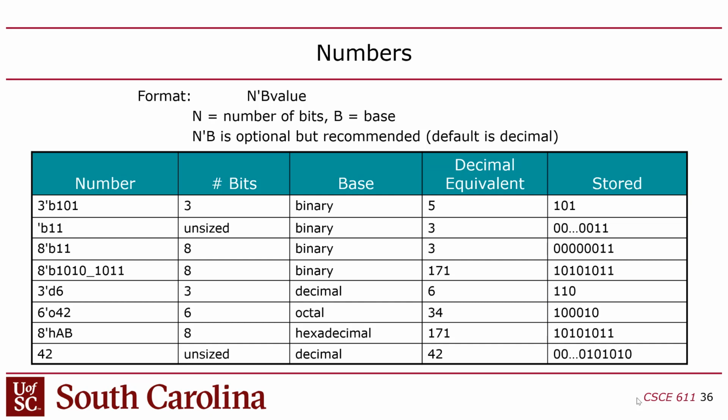If you just put a constant in, like 42, and you don't specify the width or the base, the default base is decimal. So this would be interpreted as a decimal 42. And the default, they say unsized, but I believe Modelsim defaults to 32 bits. Now, if you don't put the width, generally you'll be okay because the compiler will figure out the width from its context.